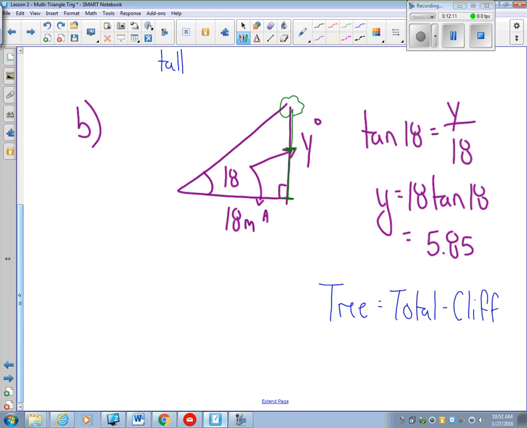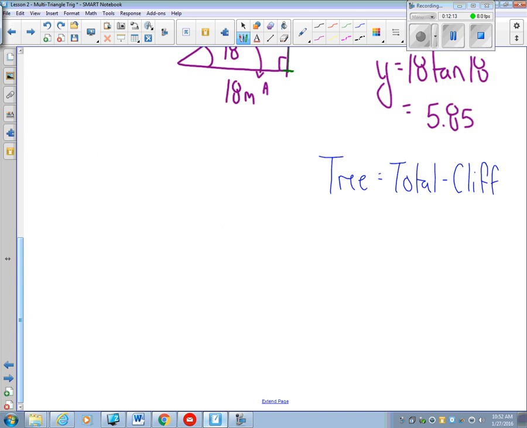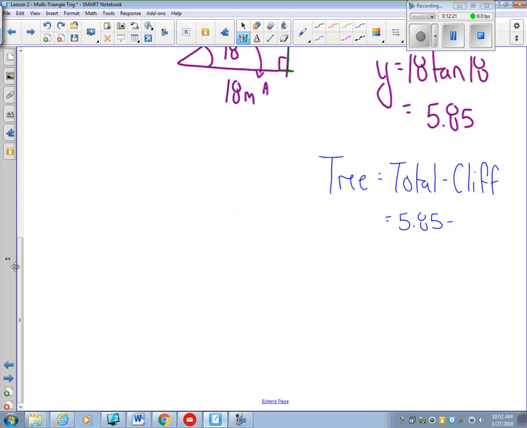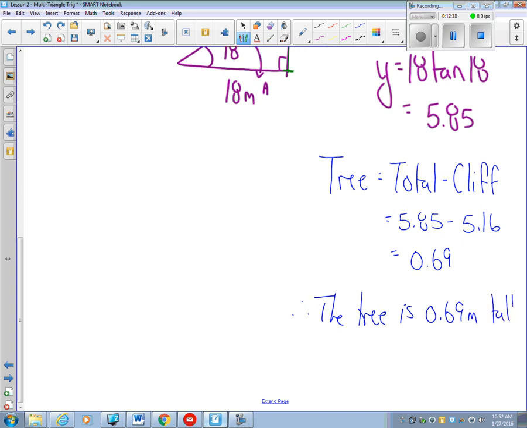My total was 5.85, so we just solved. And initially in part A, we said that the cliff back up here was 5.16. So the difference between the total and the cliff, a difference of 0.69, has to be the tree. So therefore, the tree is 0.69 meters tall.